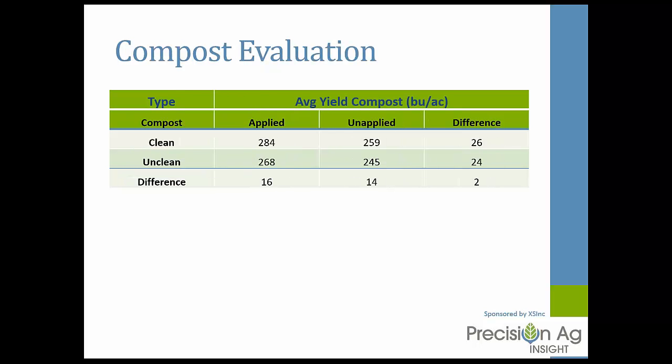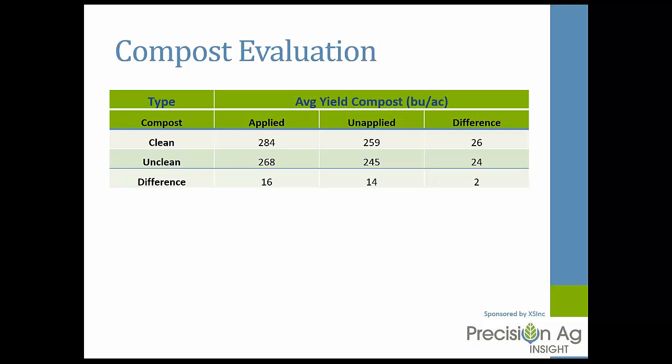Yeah, and so looking at the compost trial here and the trends that we see, I think it's a similar narrative to that UAN study, where the difference looks like 2 bushels an acre maybe between the two, but it may still matter in terms of making that decision from an economic or investment standpoint.